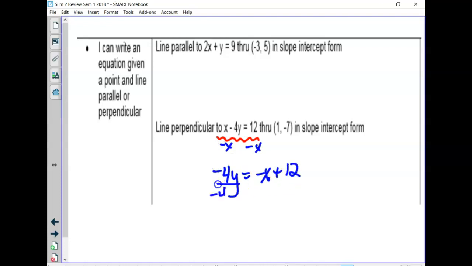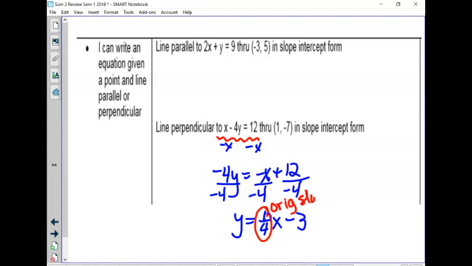Then I'd have to divide everything by negative 4. Is everybody with me to get the y by itself? Now, I just did a whole bunch of work that got me 1/4 x minus 3. I feel like I should be done. But I haven't really even started the problem, right? All I did was find the slope. This is the original slope. So I need the perpendicular slope, which would become, nicely, flip it over and change the sign. Everybody's good? Negative 4.